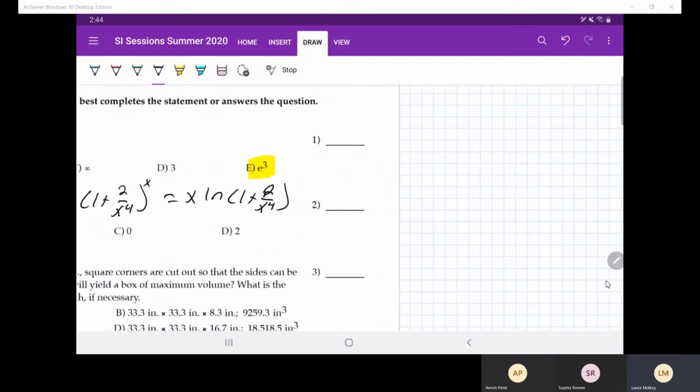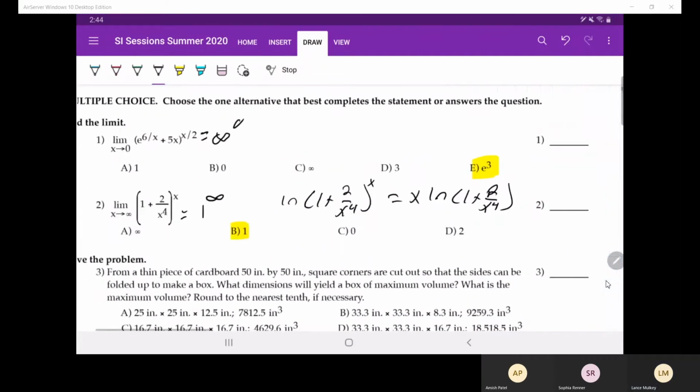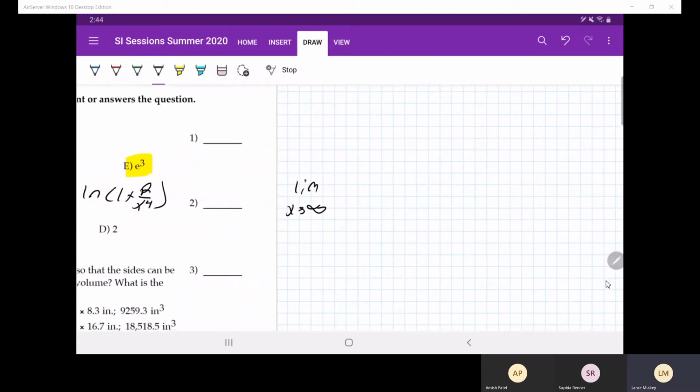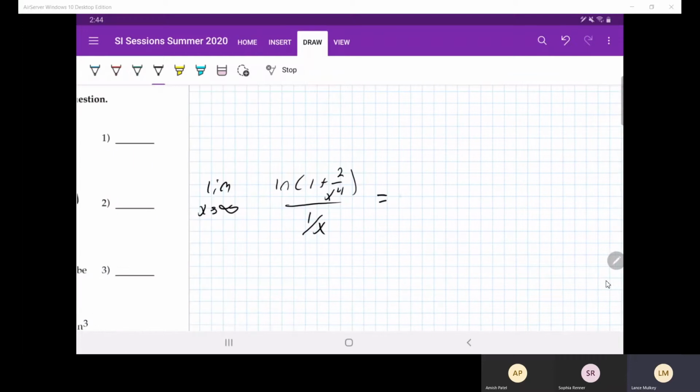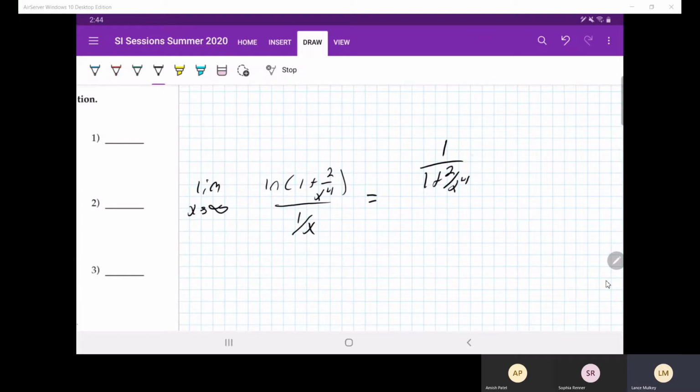So we're going to do natural log of, and it's going to equal, to the fourth times -8 over x to the fifth, all over -1 over x squared.